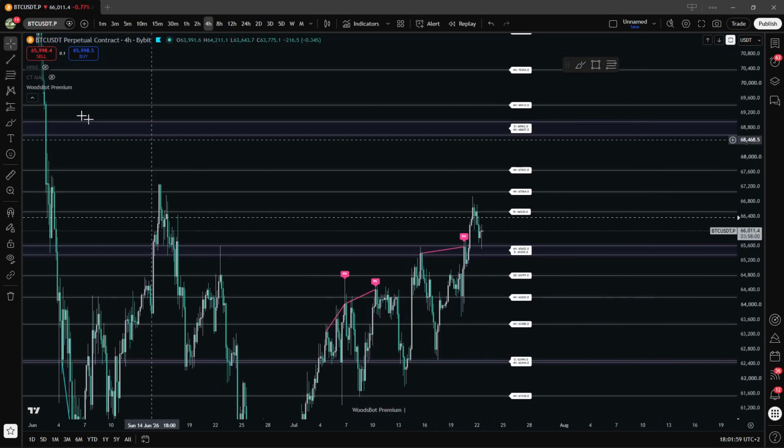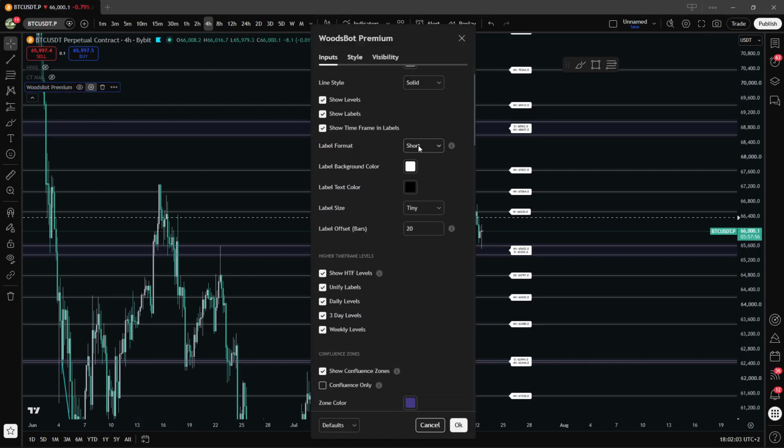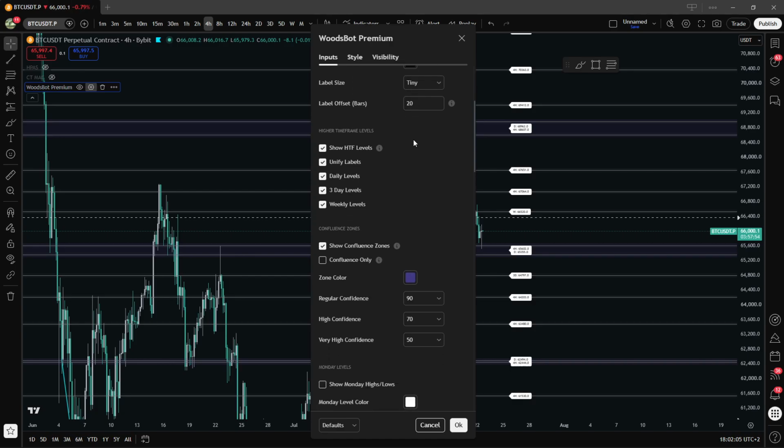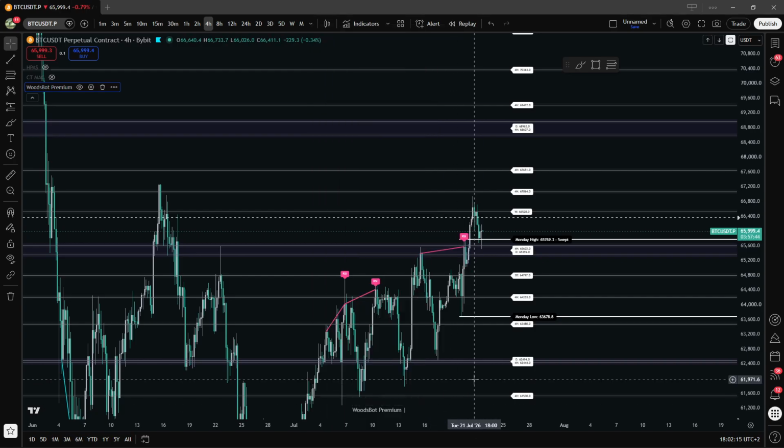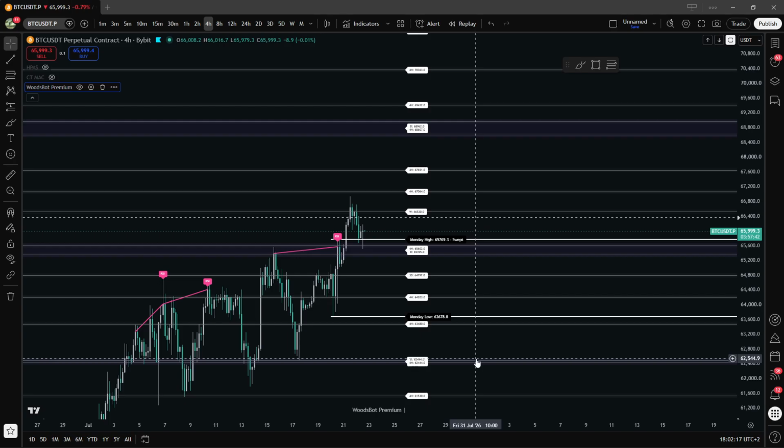But you also have the Monday range inside the Woodsbot premium indicator. So let me find it in these settings. Okay, here it is. So there's the Monday range. I'm just gonna turn it on because I'm interested to see where the Monday high and the Monday low is.